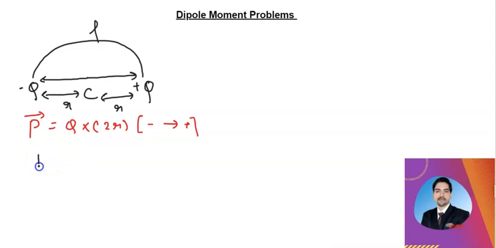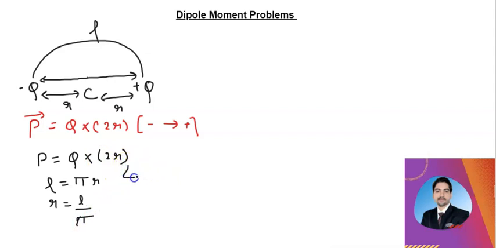Here P is equal to the magnitude of charge multiplied by 2r. As we know that L is equal to pi r, so can I write r in the form of L upon pi?